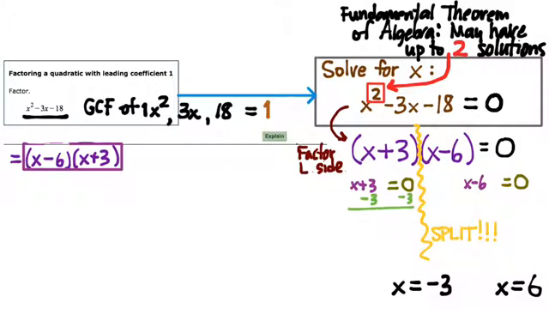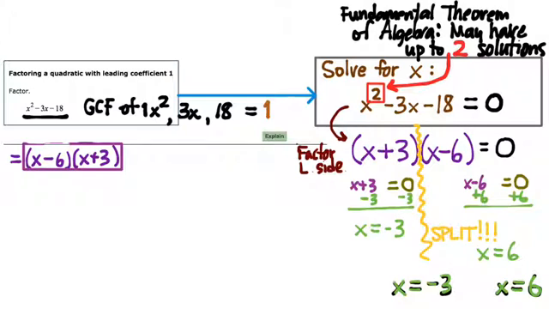Let's subtract 3 from both sides and get x equals negative 3, which, sure enough, was one of Darren's original answers. Likewise, x minus 6 equals 0. We solve by adding 6 to both sides and getting x equals positive 6, which was the other of Darren's answers.